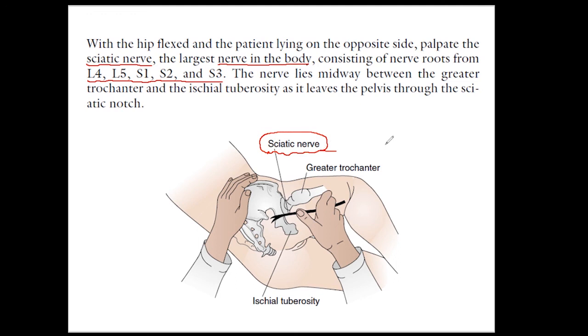It travels through the hip area, located midway between the greater trochanter and the ischial tuberosity.